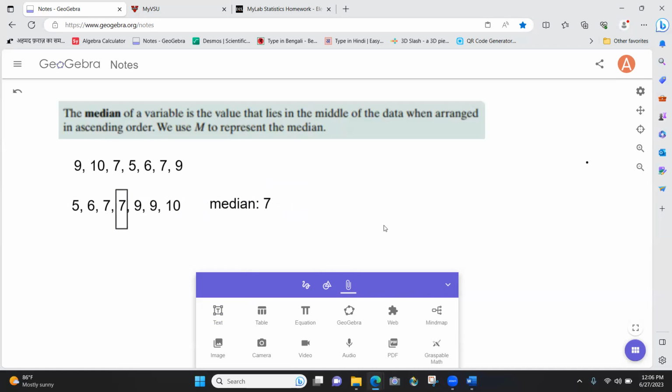Now, what if the data set had an even number of items? Let's change the data set a little bit. I have a student who got 2. So I'm going to rank order it now.